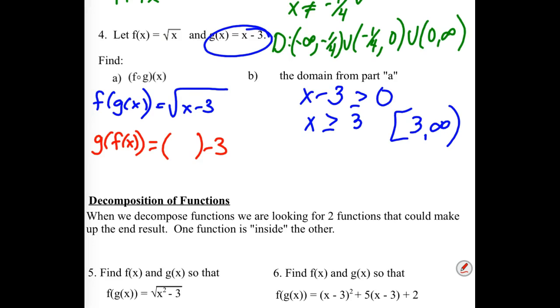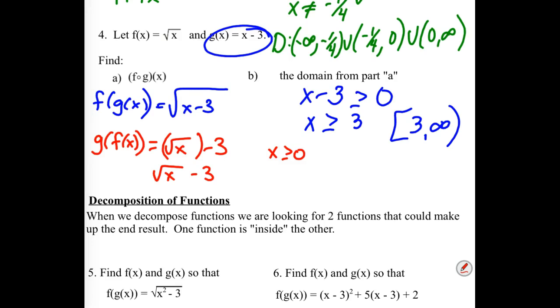The square root of x. Are there any restrictions on what I just dumped in, on the square root of x? It can't be negative. So my domain restriction, I know that x has to be 0 or higher. To clean this up, I'm going to take away the parentheses, but there's really nothing I can do to combine those.